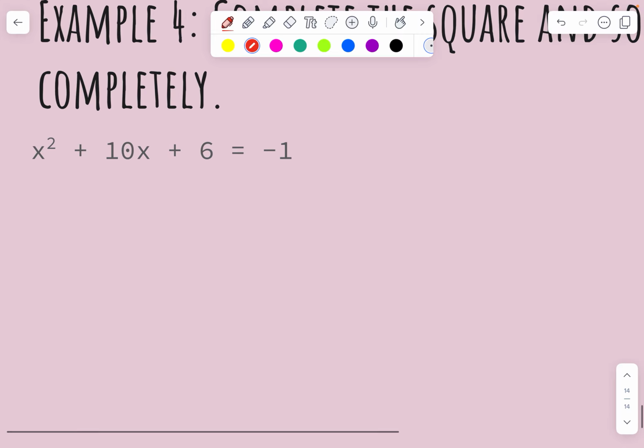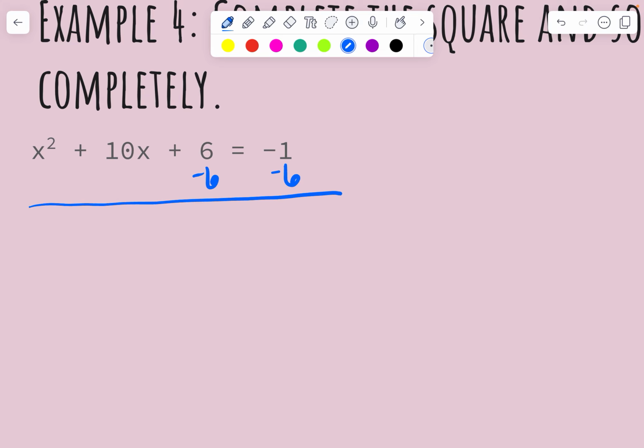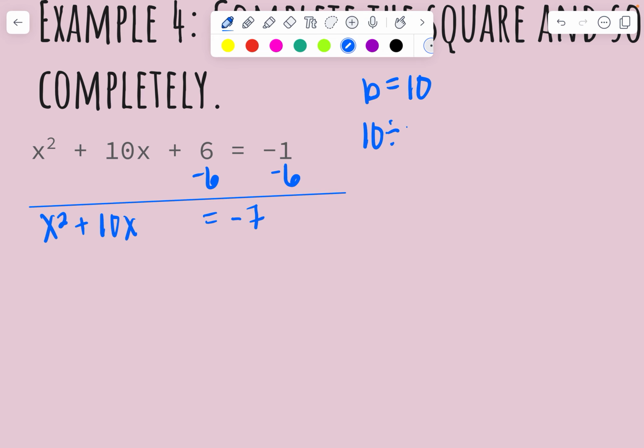All right, one more. Let's start by moving that 6 to both sides. So then I get x squared plus 10x equals negative 7. So our b is 10. 10 divided by 2 is 5.